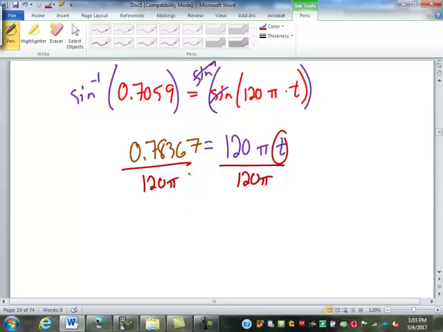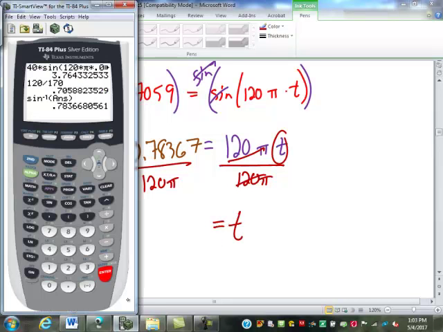On your calculator, the way you're going to divide by 120 pi, I'm going to use that previous answer. I'm going to divide by, I have to put it in parentheses, 120 times pi. Close my parentheses. I get 0.00208.